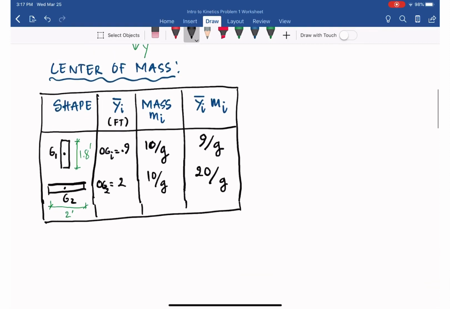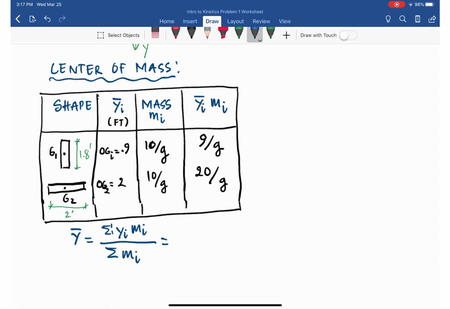So with that, y bar is similar to the centroid that we learned earlier. We have y bar equal to the sum of all the y_i m_i divided by the sum of all the masses.